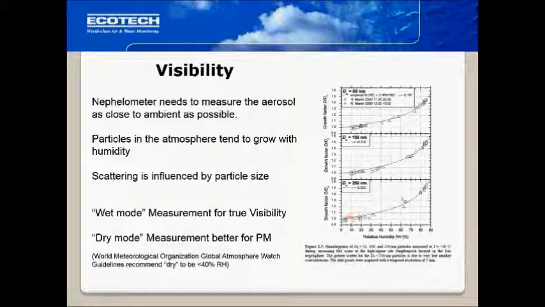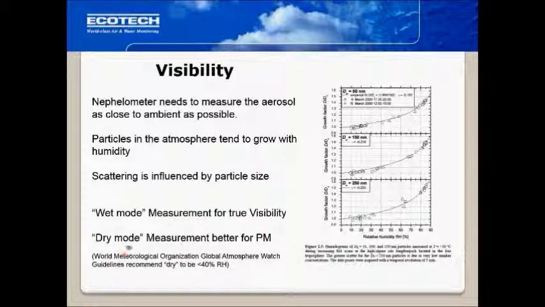And you see that the particles grow almost 60% in diameter by just going from 10% relative humidity to 90% humidity. Of course, the diameter of the particle influences the scattering, and therefore when you want to measure the true visibility, you need to measure in the wet mode. That means you need to take the ambient conditions into account.